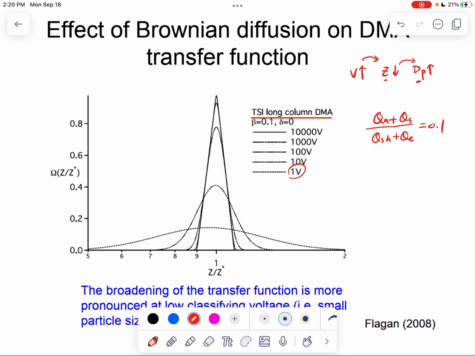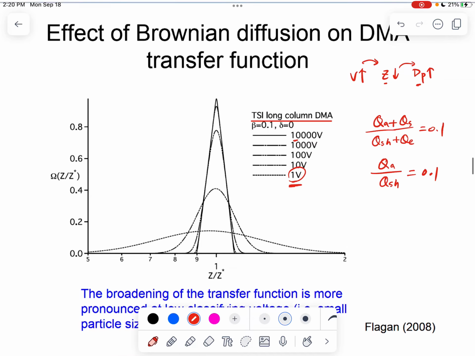Further, if we assume that the flow is matched, then you have QA divided by Q sheath equals 0.1, right? So under this situation, if you reduce the voltage from 10,000 volts to 1 volt, you can see that the transfer function looks very different. And that's because at this low voltage, the particles are becoming so diffusive that you don't have a well-defined transfer function anymore, right?